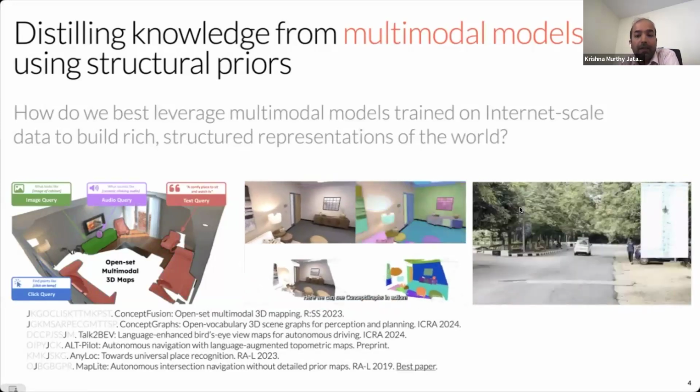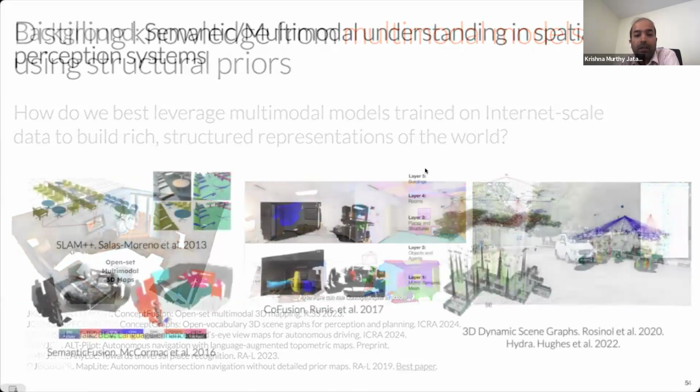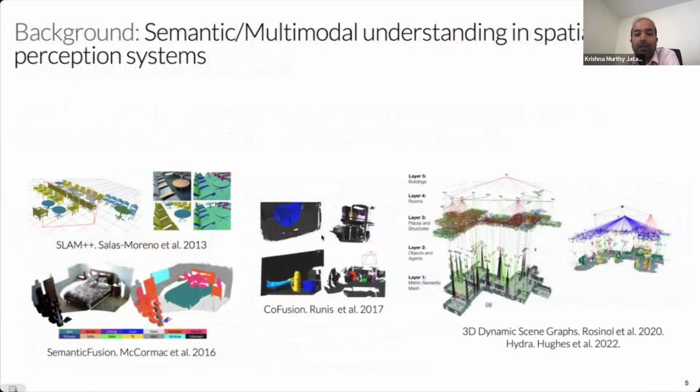So there is historical context for scene graphs being used in robotics or in computer vision for representing the environment. There's a lot of traditional SLAM or even, to an extent, structure from motion approaches that represent the environment as not just a bunch of points, but as a collection of meaningful objects, or a bunch of categories, with semantic segmentation attributed to each point in the scene.